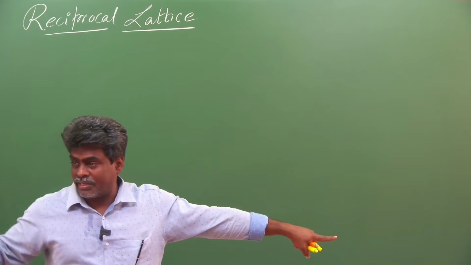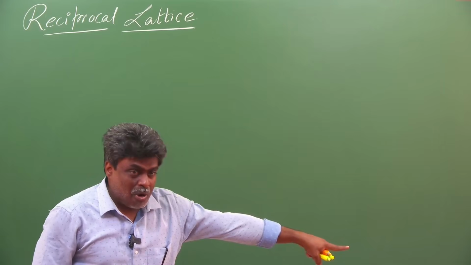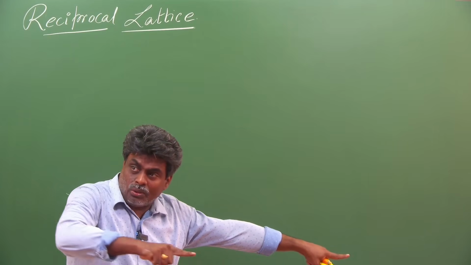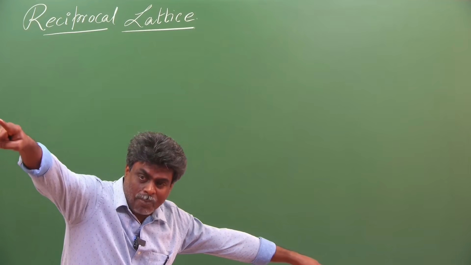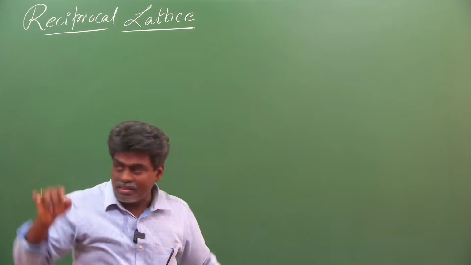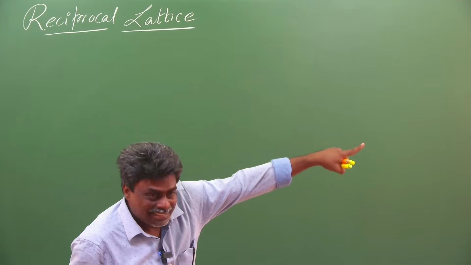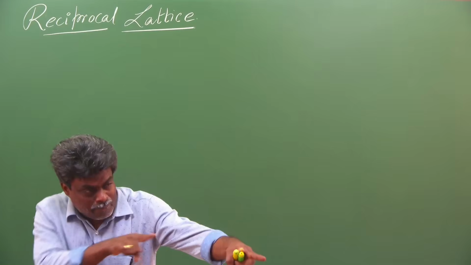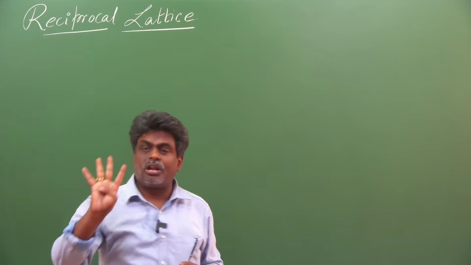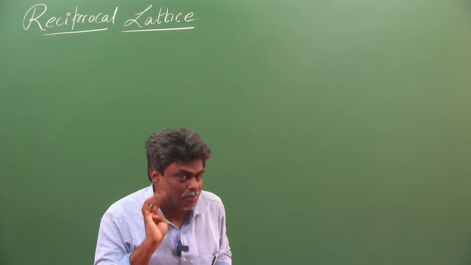Bottom corner to the opposite top corner, that is the body diagonal. Similarly, top to bottom, bottom to top. Total 4 body diagonals are there.